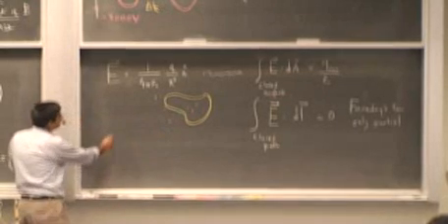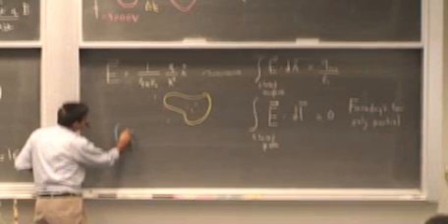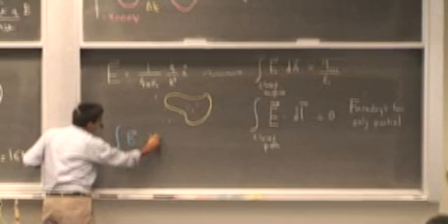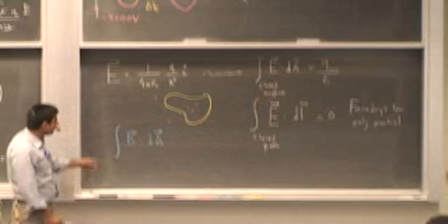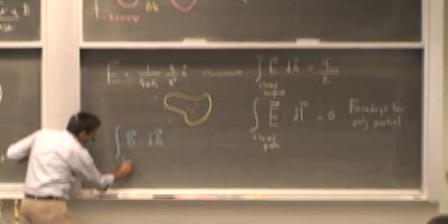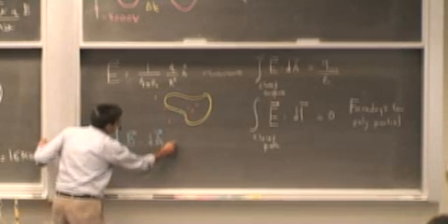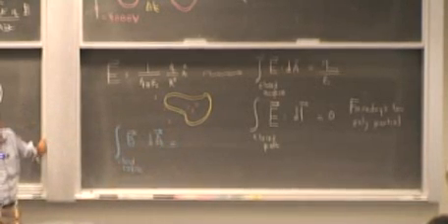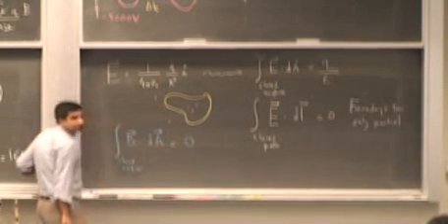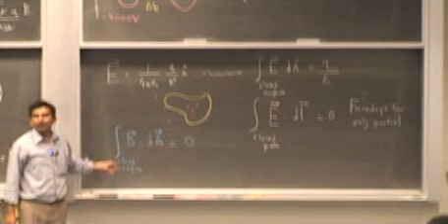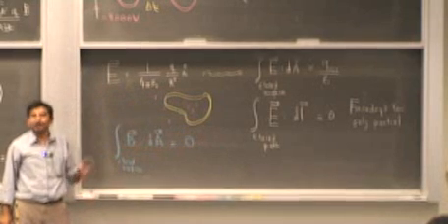The third Maxwell's equation, which is the Gauss's law for magnetism, states that B dotted with dA, just the complete analog of this, over any closed surface, this must equal, what must this equal to? 0, because there are no magnetic monopoles. So this is one of the Maxwell's equations. So we've already seen three of the four equations.